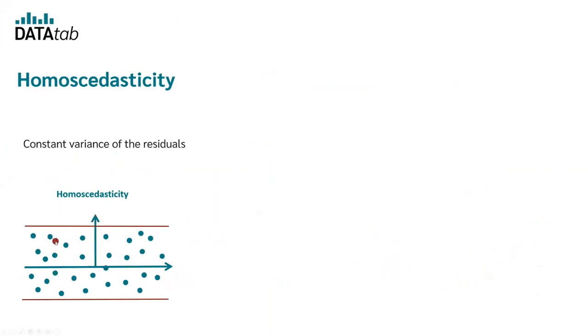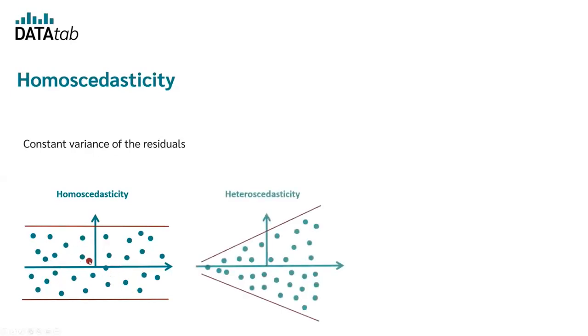The error should scatter evenly over the whole range. Then homoscedasticity is present. However, if the results look like this, then we have heteroscedasticity. In this case, we have different error variances depending on the value range of the dependent variable. This should not be the case.